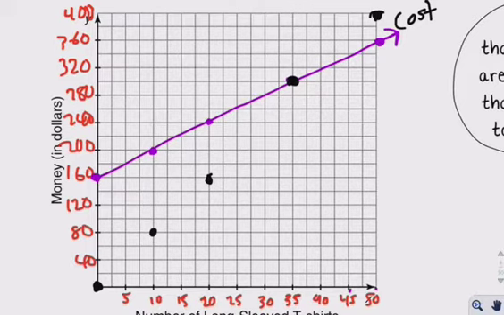Did I get my 20 wrong? 20 is 160, 10 is 80, 35, it's 280, 50, 400. Should make a nice straight line.